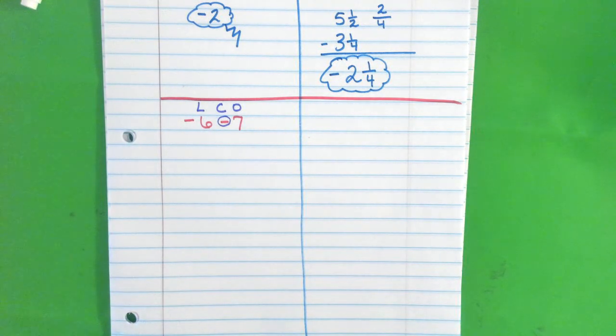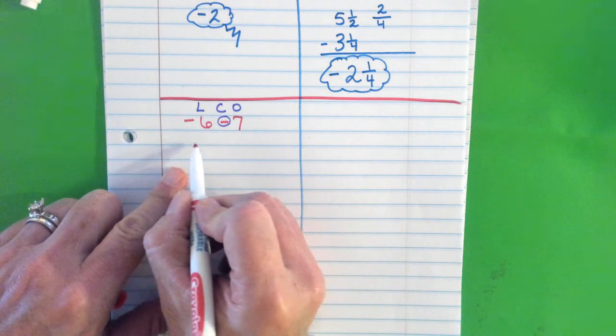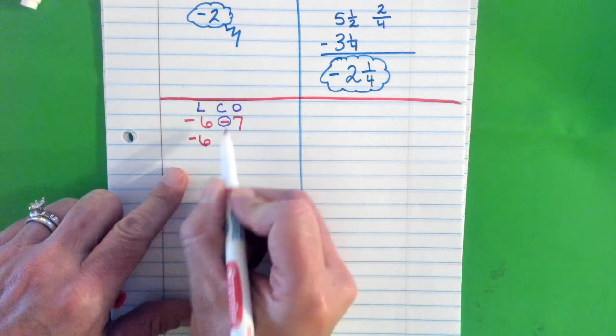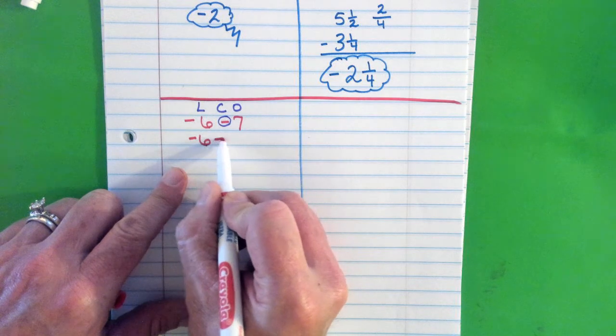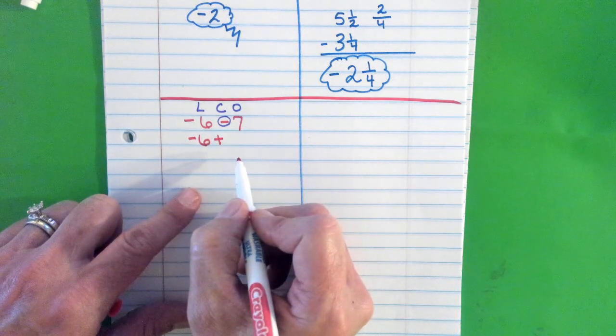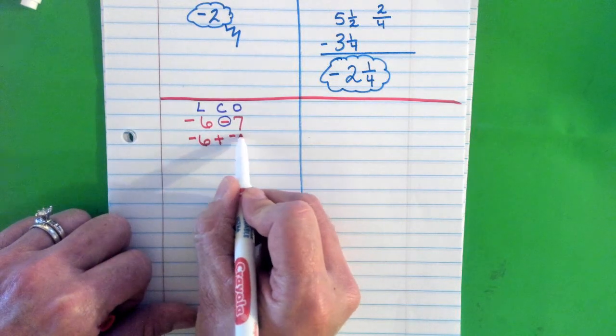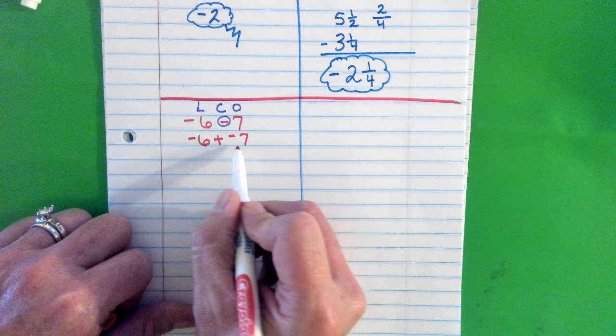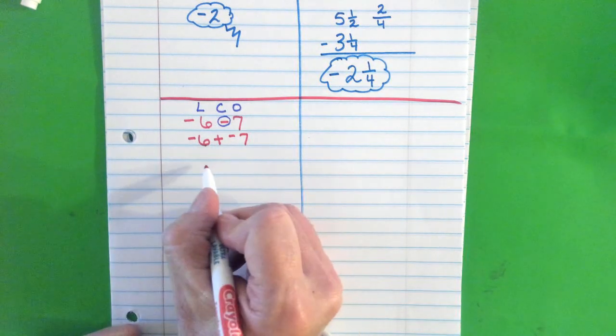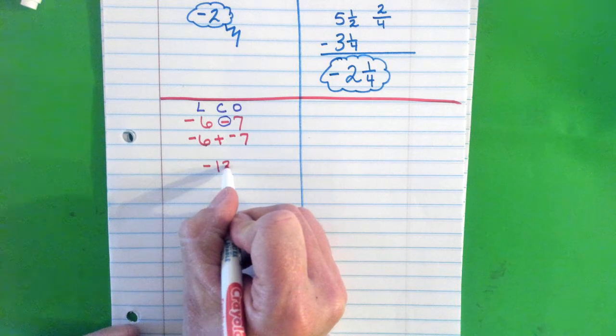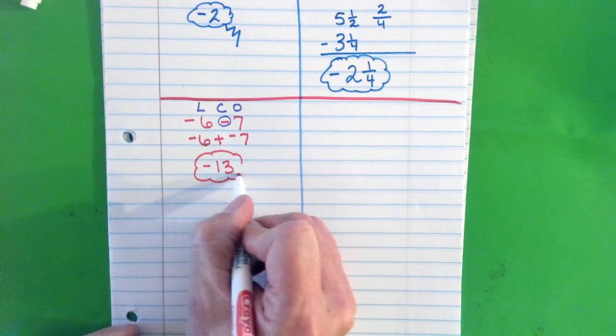Now my new expression is going to be -6, leave it, change this minus to a plus, and what is the opposite of 7? -7. So what's 6 negatives plus 7 negatives? 13 negatives. -13 will be our answer.